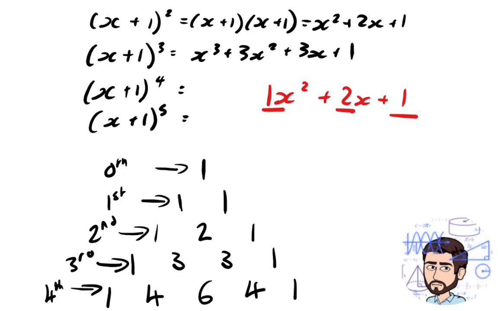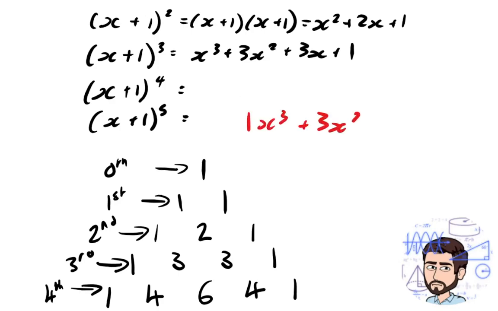x plus 1 cubed is x cubed plus 3x squared plus 3x plus 1. Well, that's 1x cubed plus 3x squared plus 3x plus 1. 1, 3, 3, 1. So the coefficients, the numbers in front of the variables, are the numbers in Pascal's triangle, right?